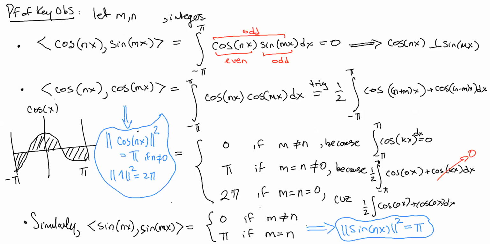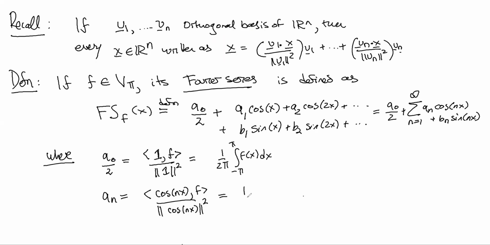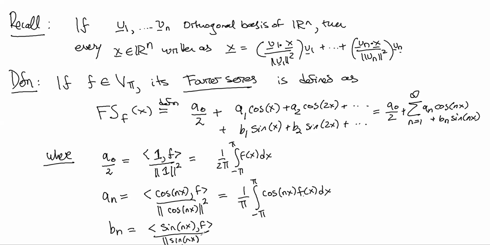It's pi. And now Bn is the same thing for the sine function, and again, that also had norm squared equal to pi.